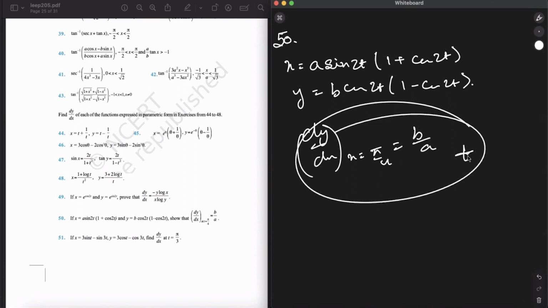To prove, all right, so this is your x and y. Okay.